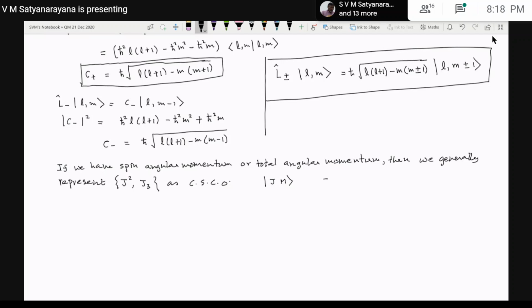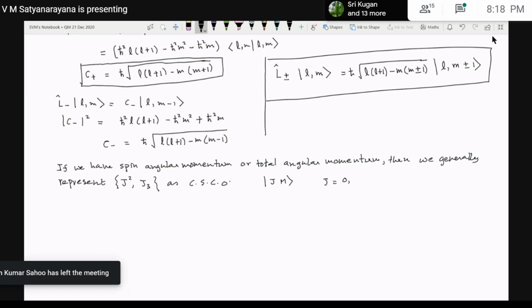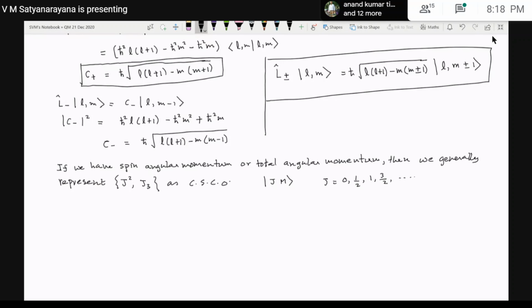J will take values 0, 1/2, 1, 3/2, and so on. So when you have spin or total angular momentum, you will have both integers and half integers.